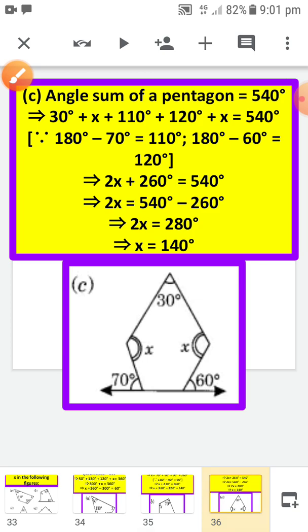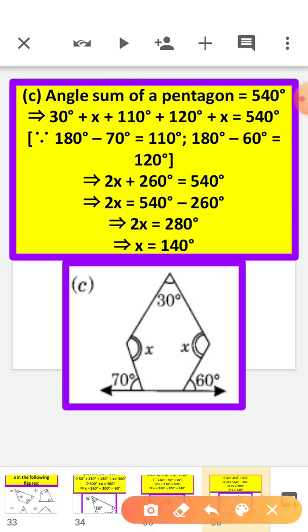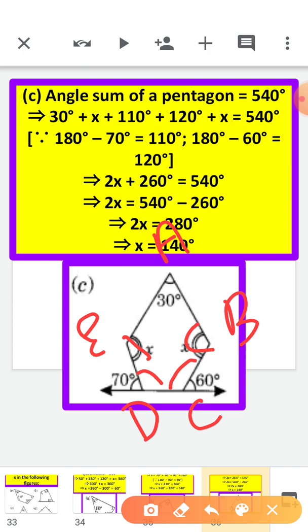Now in this question, this is a pentagon diagram. In this you don't know this x and this x, you have to find them. When you name it A B C D E, you don't know even C and D, but you can find them with the help of the linear pair equation. So 70 and this angle, 180 minus 70 gives you 110.